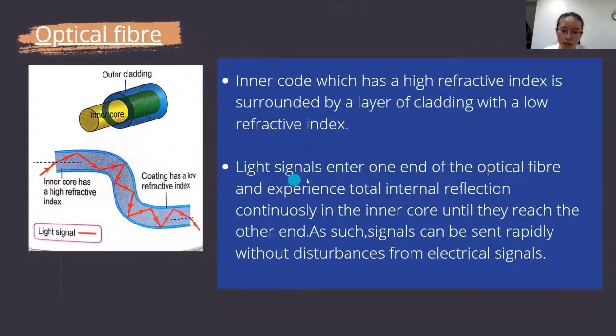Okay. The light signals enter one end of the optical fiber here, and experience total internal reflection continuously until they reach the other end. As such, signals can be sent rapidly without disturbance from electrical signals.